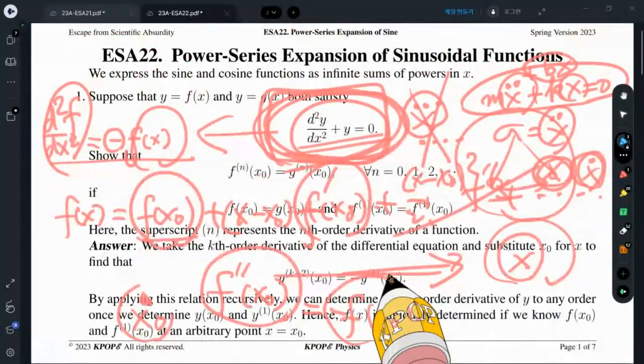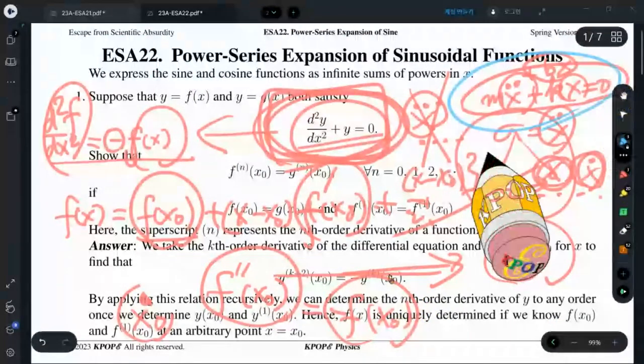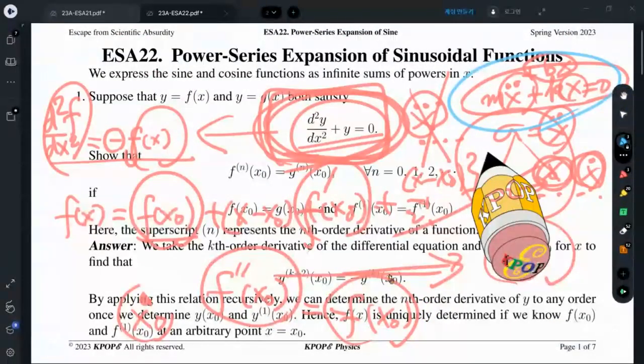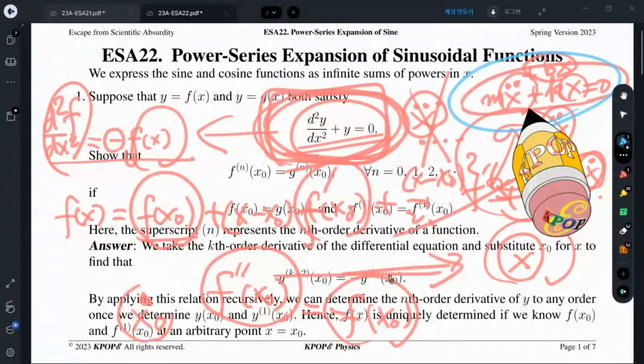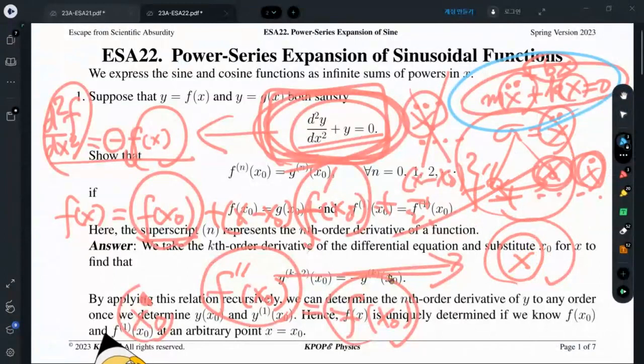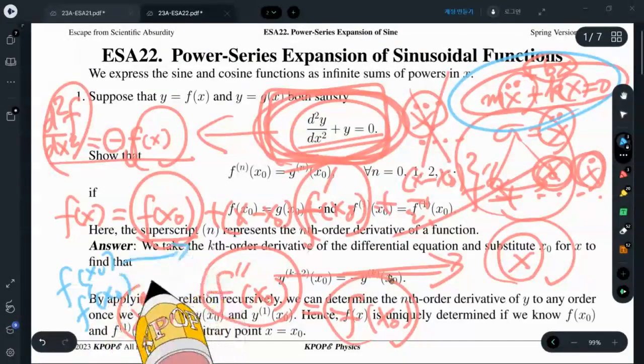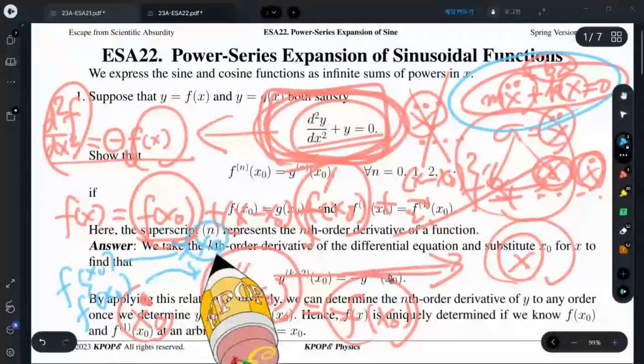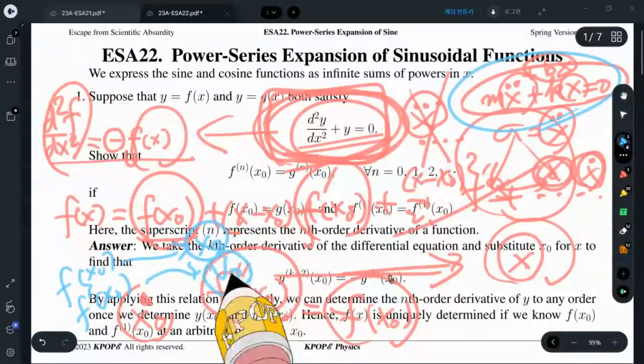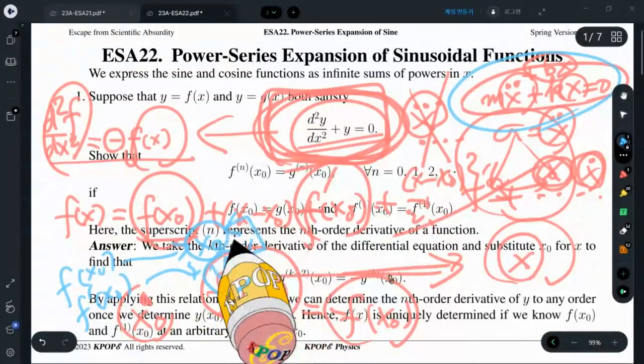why sine and cosine. Newtonian mechanics tells you the equation of motion is at most second order derivative. So once you know f of x0 and f prime of x0, simply saying initial displacement and initial velocity, two pieces of information are enough to determine everything else in the future.